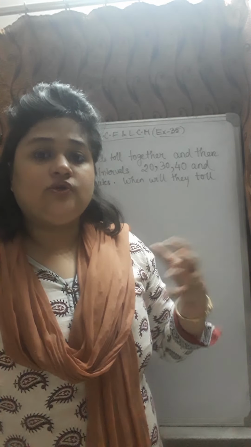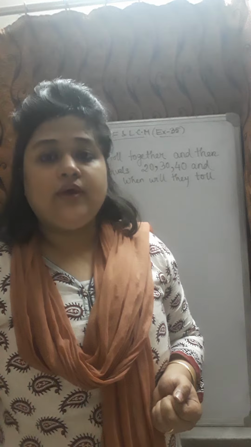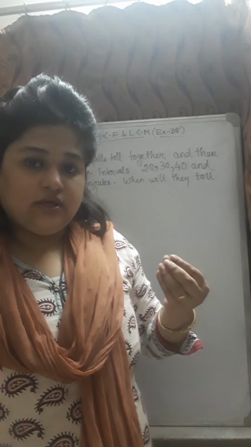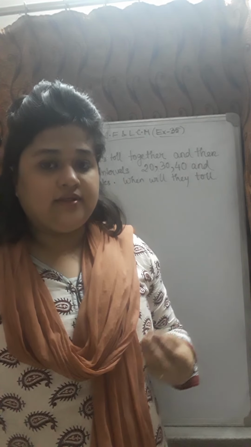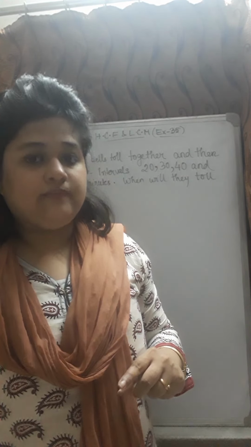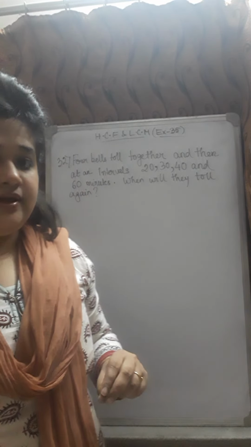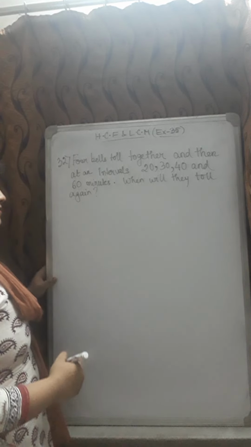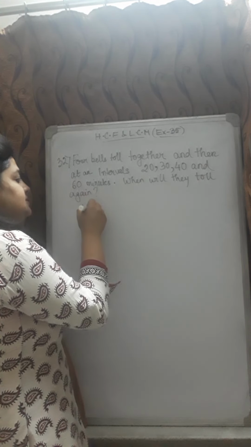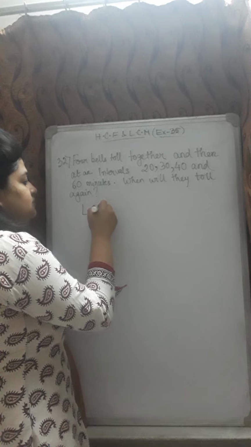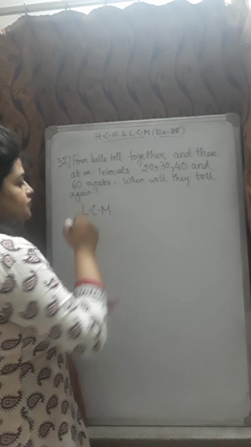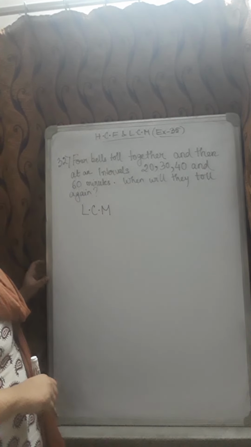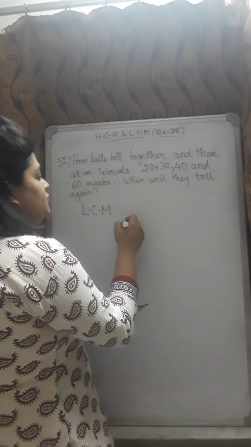So the chance of ringing together again will be lowest because all have their different timings. Since the chance of ringing together is lowest or least or minimum, we have to find LCM in this case to find the answer. If you find LCM, you will get a correct answer. If you find HCF, the answer will be wrong. So what do you have to find?